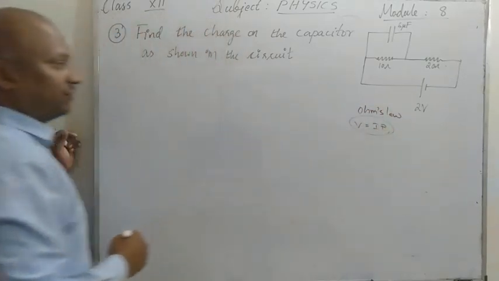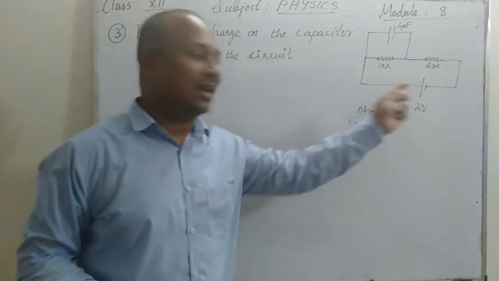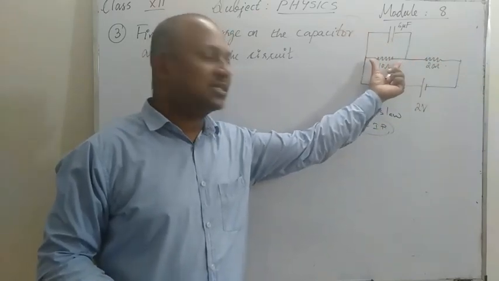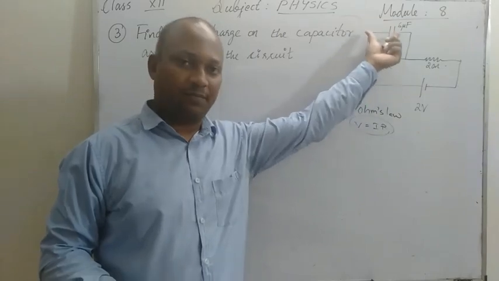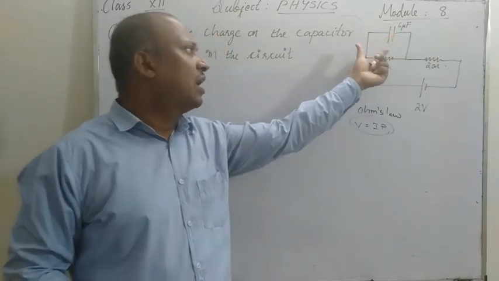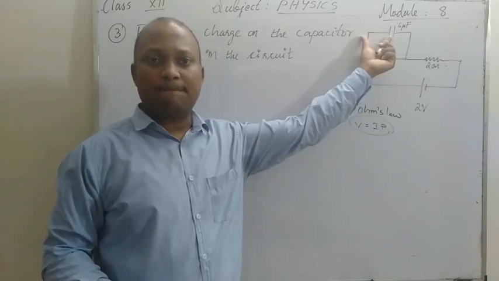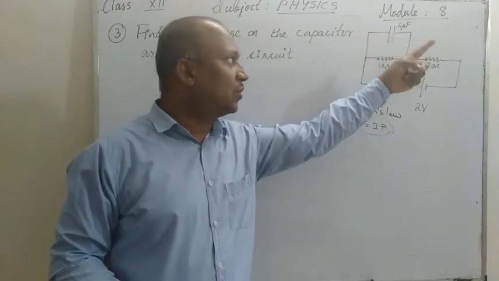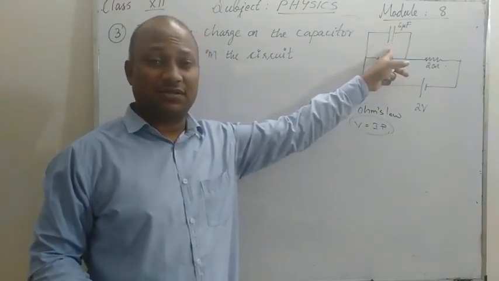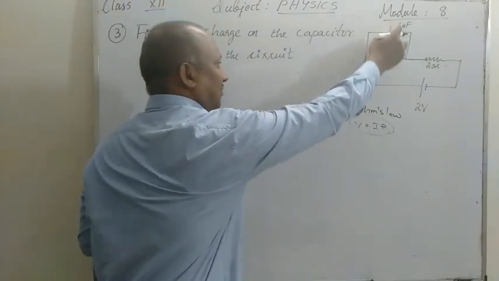By using Ohm's law, you can find the current here, and the important thing over here is when you connect a capacitor, it gets charged. So the potential across this resistor and the capacitor is the same because they are parallelly connected. In parallel connection, potential is the same, and there is no current through the capacitor because a capacitor, once it gets charged, is actually a disconnected device.